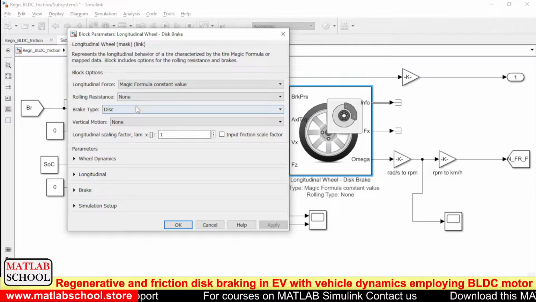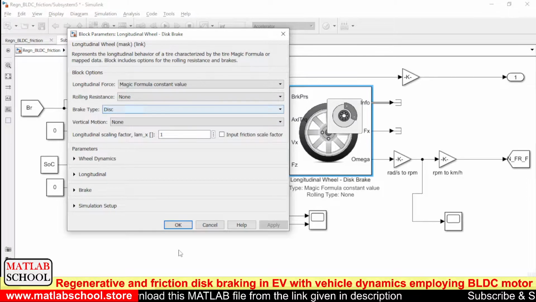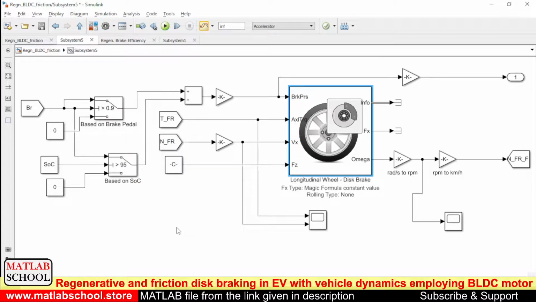And also we can select the type of brake. We have a disc type brake, drum type of brake. So whichever we want we can select. See here I have selected disc type brake. The input braking pressure should be given in terms of pascals.